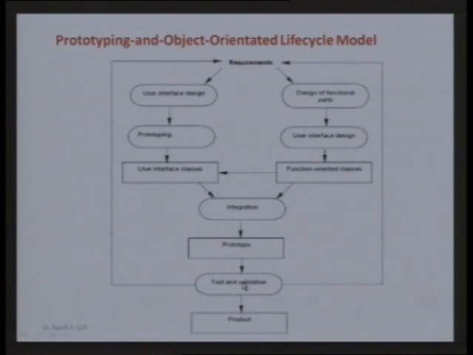Now what did you observe in this particular model? We are targeting, on one hand, how we evolve our user interface. At the same time, we are talking about the evolution of the functionality.